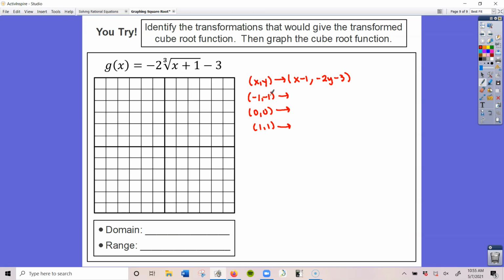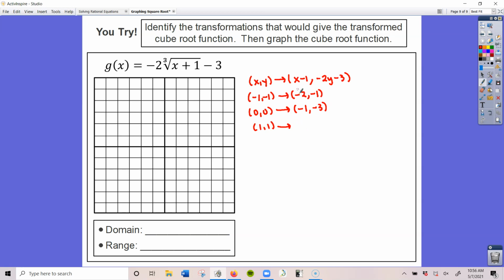When I plug in negative 1, negative 1 minus 1 is negative 2. Negative 2 times negative 1 is positive 2, minus 3 is negative 1. When I plug in 0, 0 minus 1 is negative 1, and negative 2 times 0 is 0, minus 3 is negative 3.